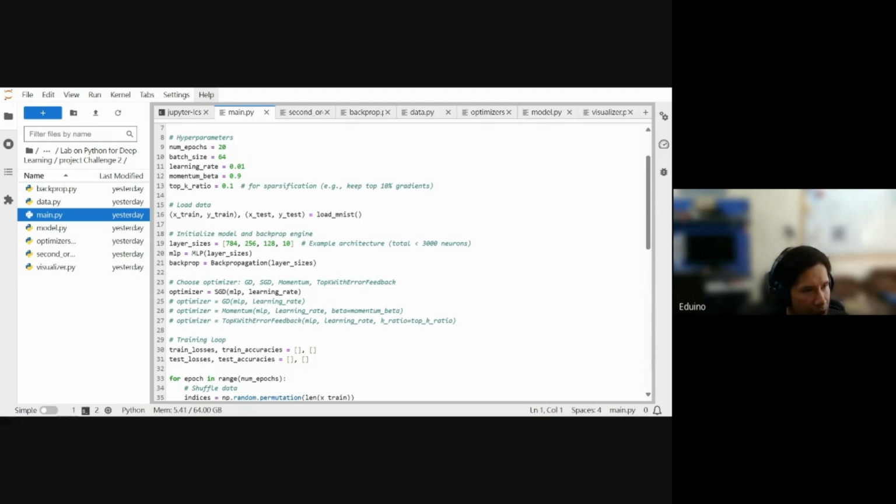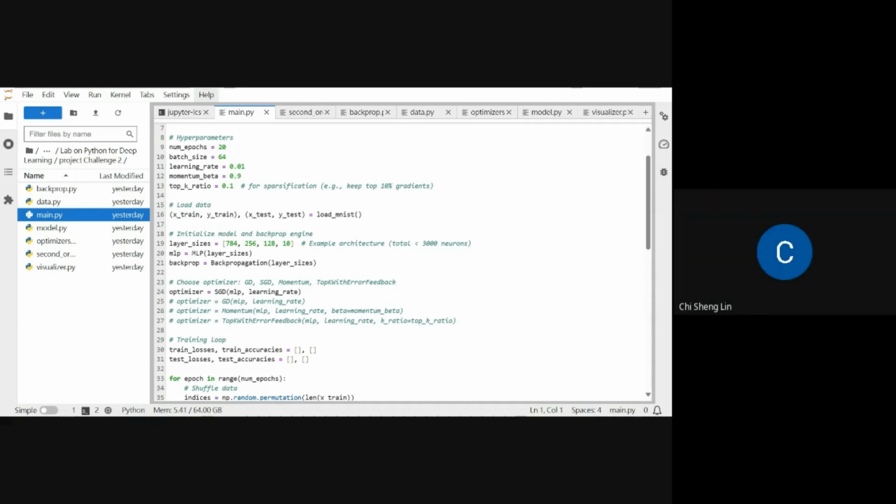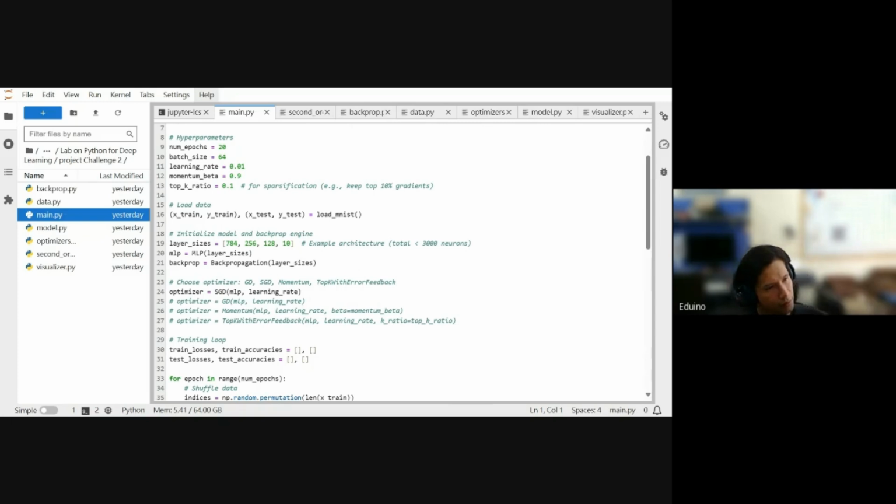For this stochastic gradient descent, what's the learning rate? Are you going to use different learning rates, or are you just going to stick to the same one? Okay, I'll try different learning rates and see how the accuracy improves.